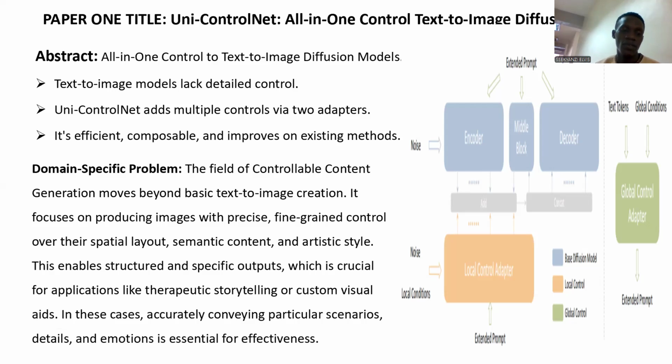And this enables structured and specific outputs, which is crucial for applications like therapeutic storytelling and custom visual aids. In this case, accurately conveying particular scenarios, details, and emotions is essential for effectiveness.